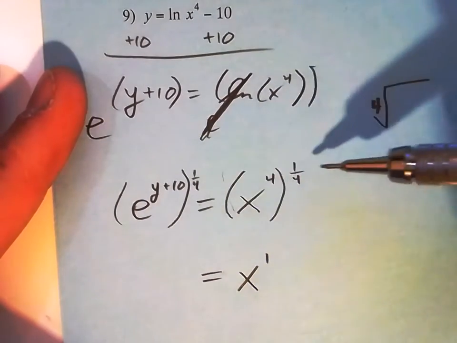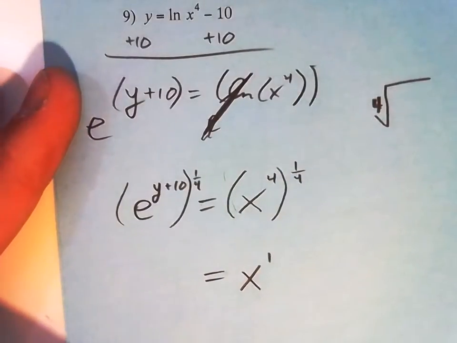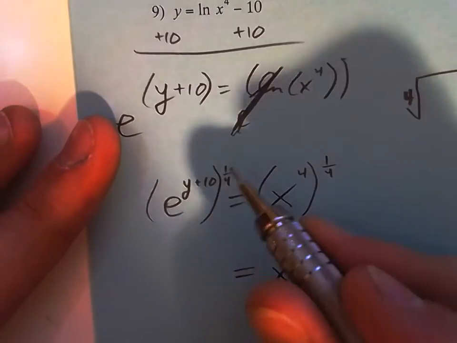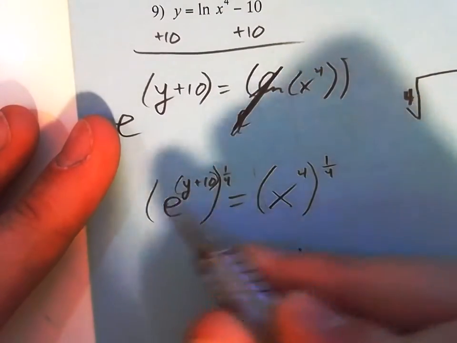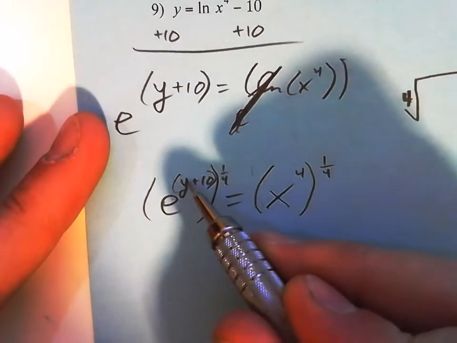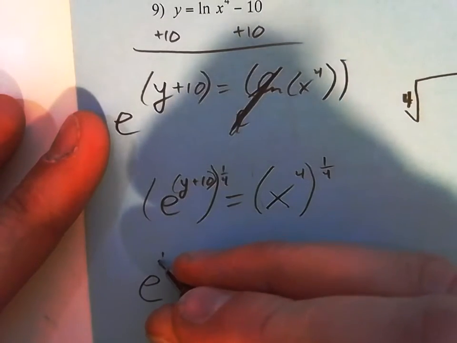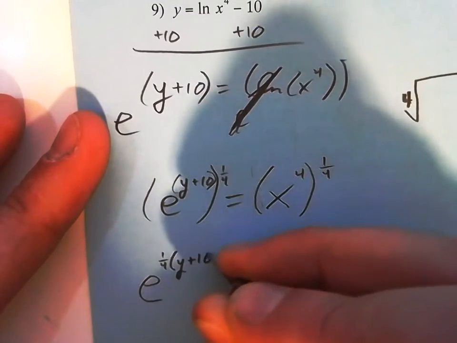Or if you're doing the 4th root, something to the 4th power cancels out, and it's just x. Power of a power property for exponents. You gotta remember exponent rules. 1/4 times this. I'll show this in 2 steps just to be really clear. 1/4 times y plus 10.